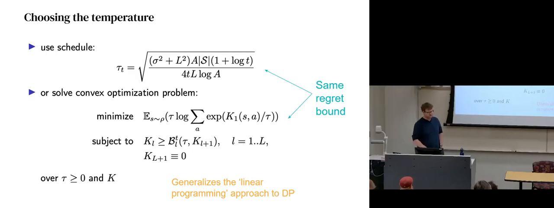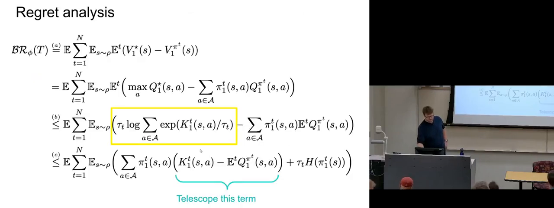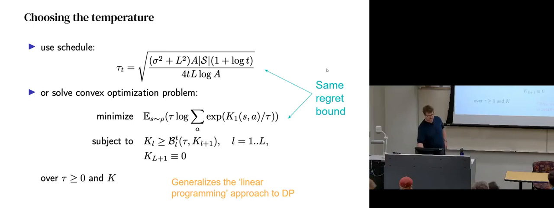The only wrinkle is, how do you choose the temperature? There's two ways to do it. Via this analysis, where you do this telescoping and optimize explicitly over the temperature, you can come up with a schedule. Or you can solve a convex optimization problem that's joint in tau and these K values, where now these K values satisfy a Bellman inequality, and that will give you the optimal, in some sense, temperatures to run.